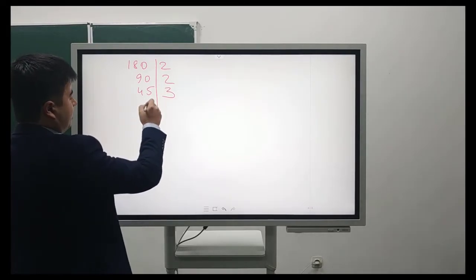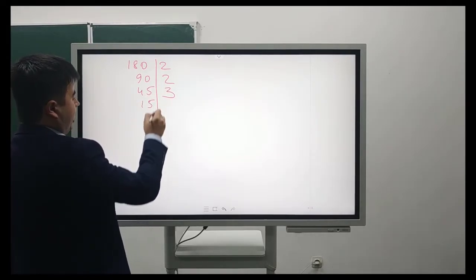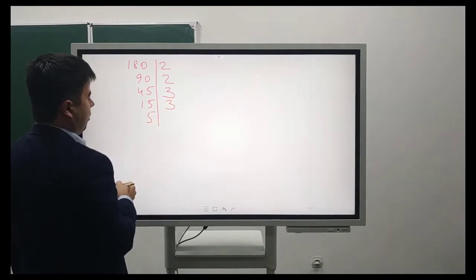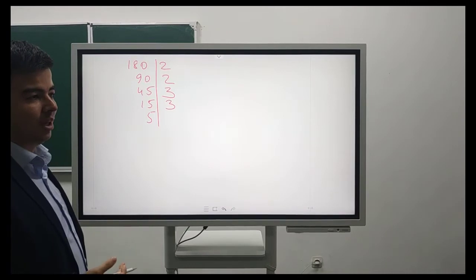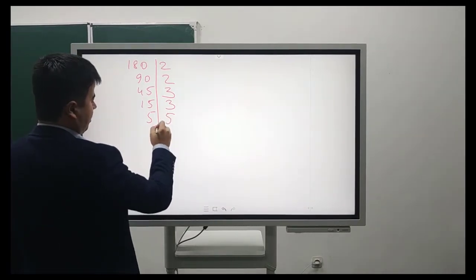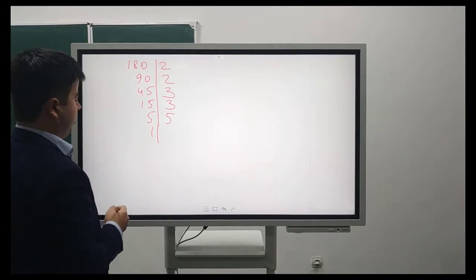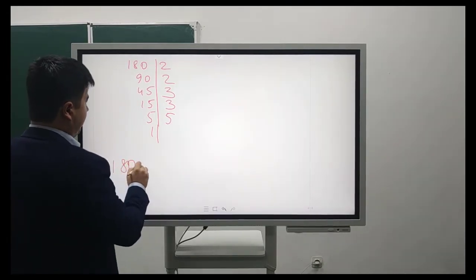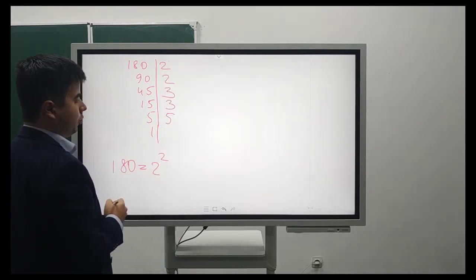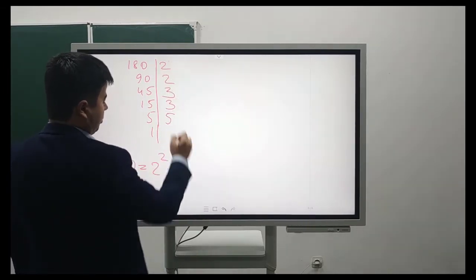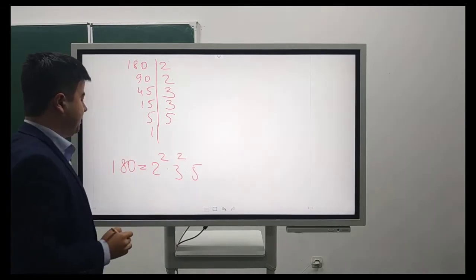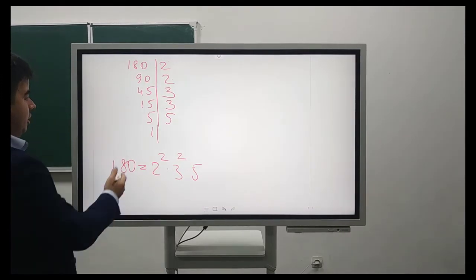Okay, here we have 15, and one more time 3 we get 5, and now 5 is a prime number, it's only divisible by 5 and 1. So we can write 180 as 2 times 2, squared, times 3 squared, times 5. This is the prime factorization of this number.